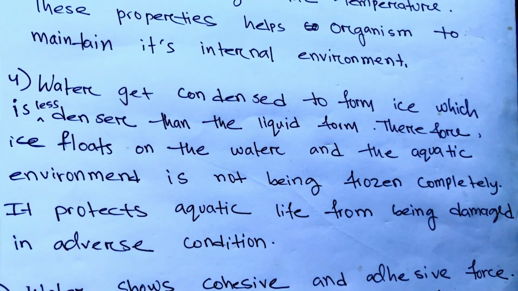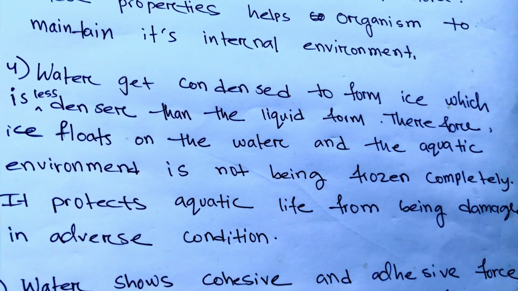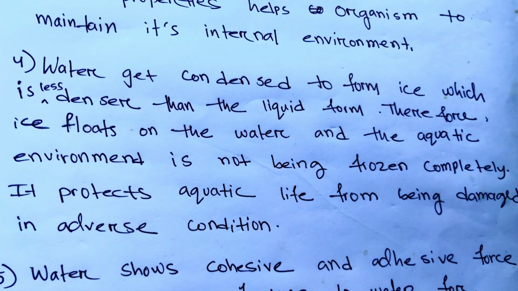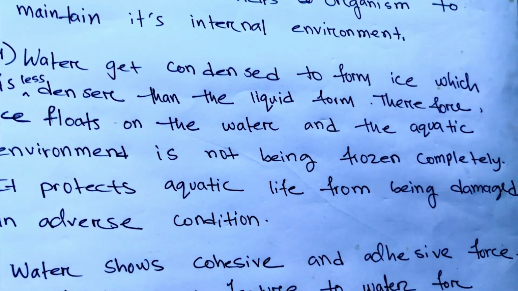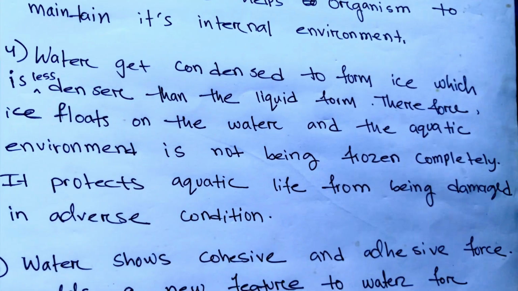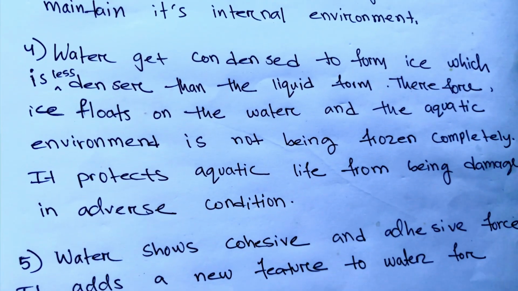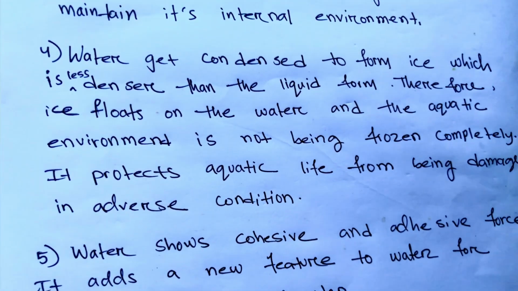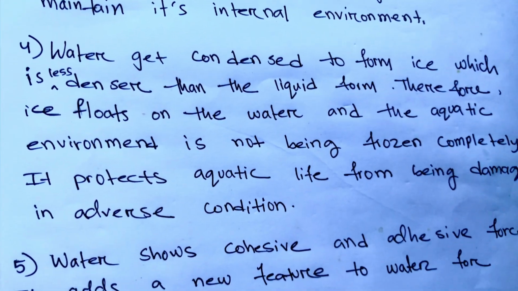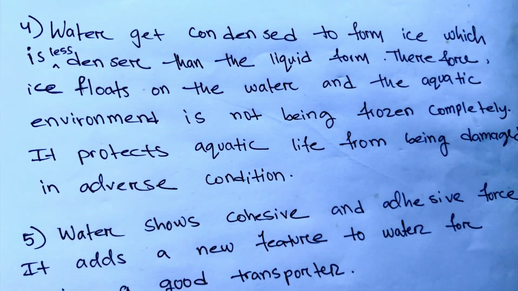It's a very interesting property of water that it is denser than the ice form of water, right? So ice literally floats on water. If you ever try it at home, if you put some ice in a bowl of water, it will float on it, right?